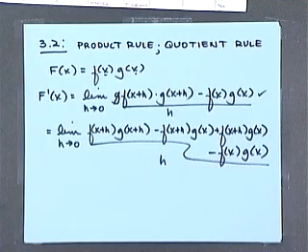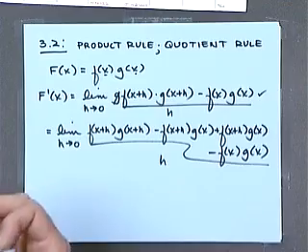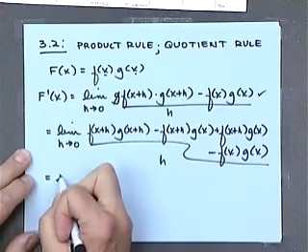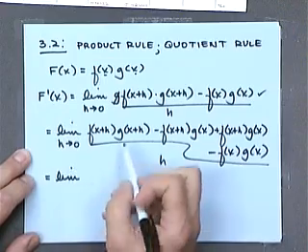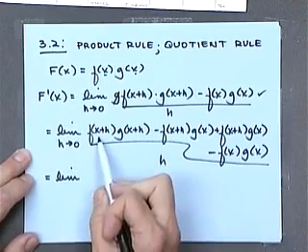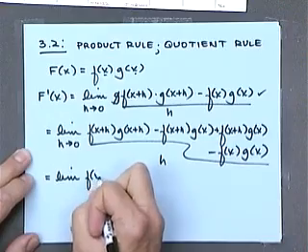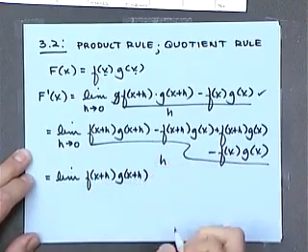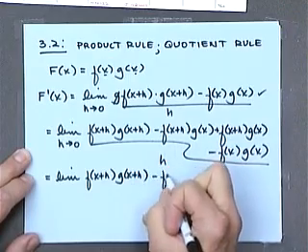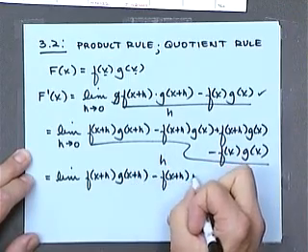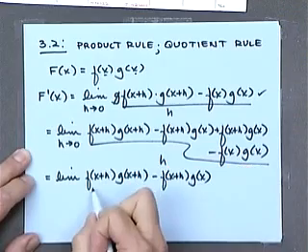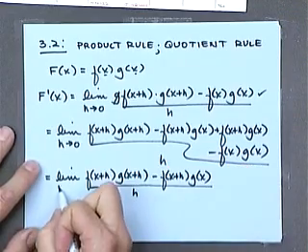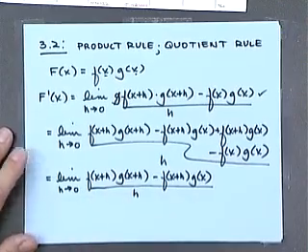Now we're going to split this up into two pieces, and if some of you already know the product rule, you know that we're going to get two parts to this. So I'm going to take the first two terms, this thing that I kind of manufactured, and I'm going to go ahead and write that over h and let h approach 0.